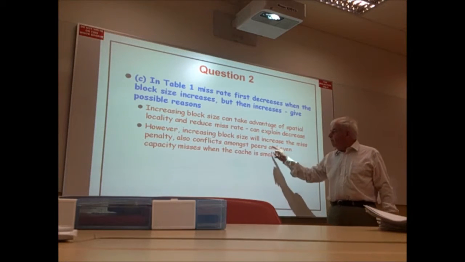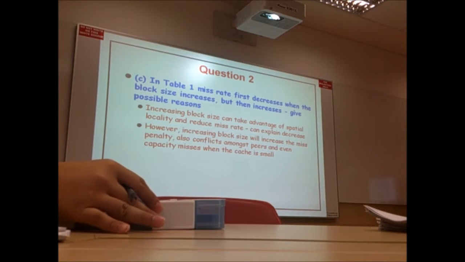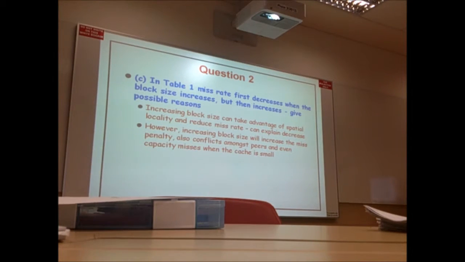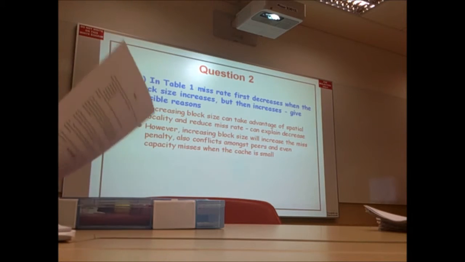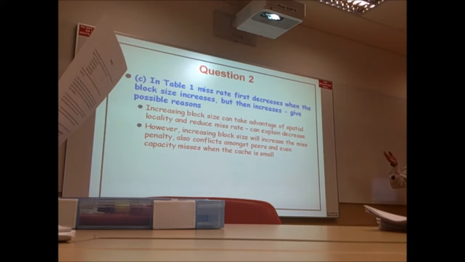What we mean by peers is the blocks that share the same cache frame. So if it's a direct mapped cache, then the peers for a particular cache frame are those blocks which are mapped to that cache frame. If it's an n-way associative cache, then the peer blocks are the blocks which can share the same set. Okay? If it's fully associative, then the peers are everything.